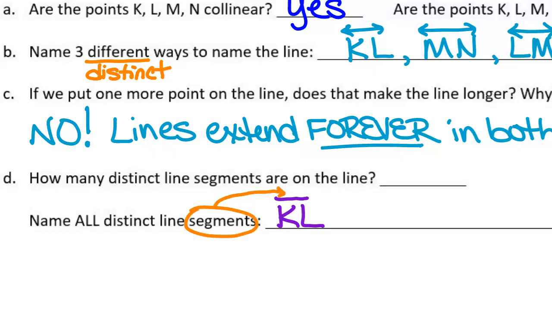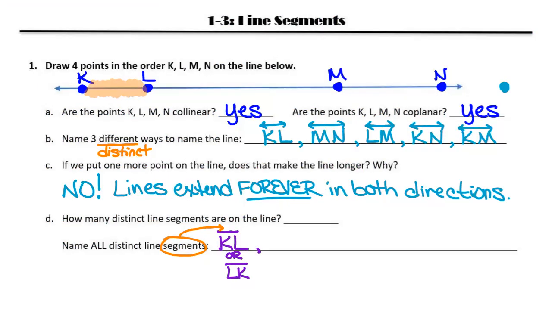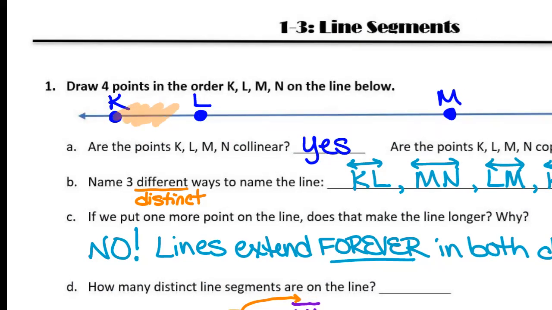This is the segment notation, no arrows over the top. So we could do KL or LK, but that would not be distinct. All right, so there's one of them. I start at K and I stop at L. I could start at K and I could blow right past L and come all the way over to M. If I were to take my scissors and cut here and here, the space in between would be my line segment KM.